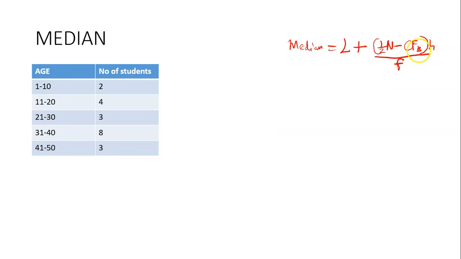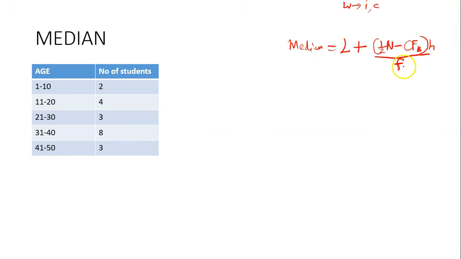But when I use CF sub B, it means cumulative frequency of the class that comes before the median class. Then the H means height. When you check some other books, instead of H, they've used W. Some also use I. Some also use C. It doesn't matter. It means the same thing as the H.